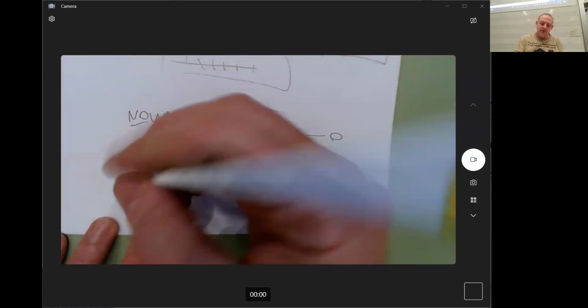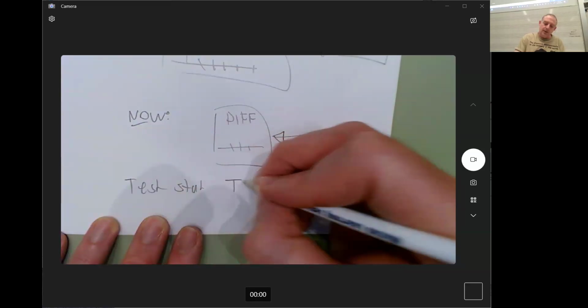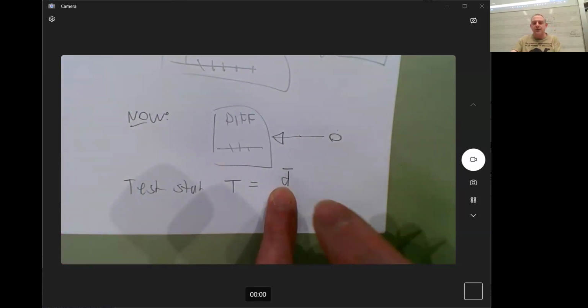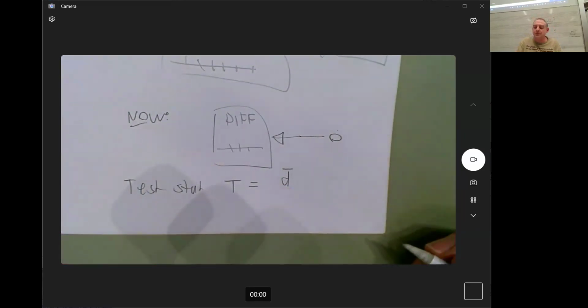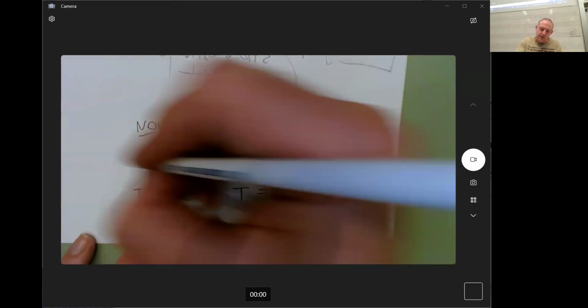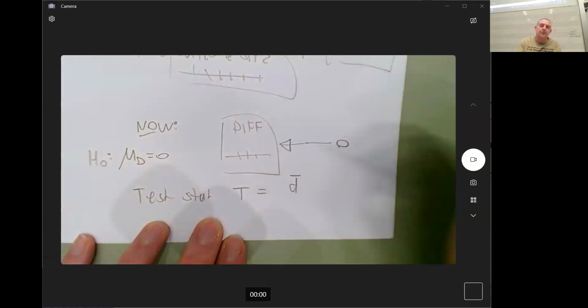So the test statistic is the mean of the differences. Well, sorry, I didn't do the null hypothesis. Sorry about that. The null hypothesis is the mean of the differences is 0.